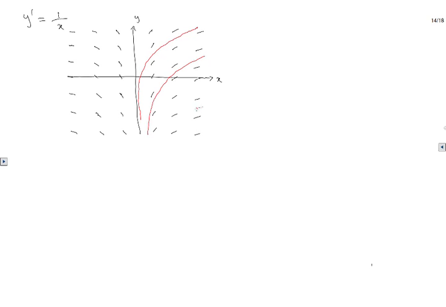That's how the typical solution looks on this side, and on the other side it looks like this, following the line. So there is no way you can pass from one side to the other side, and there is no solution that passes through this point, because there are no directional fields that pass through this point.